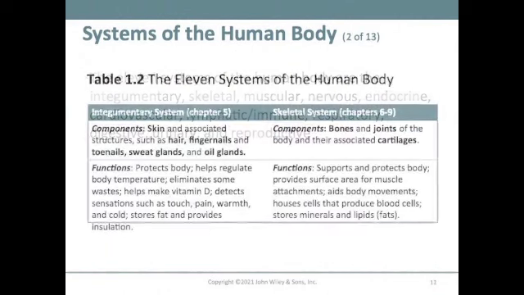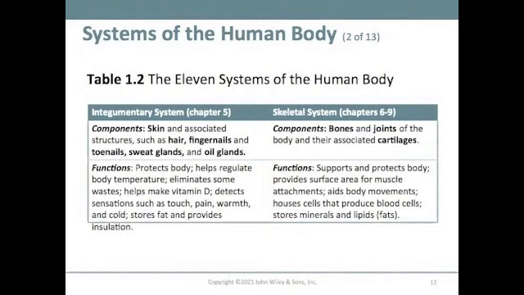And if I turn to page 4 in my book, along the bottom there, table 1.2, it goes on for a few pages, but it goes through all of the different functions and structure of the various systems, and that goes on until page 7. So you need to become familiar with all of those systems, read those parts in your book.